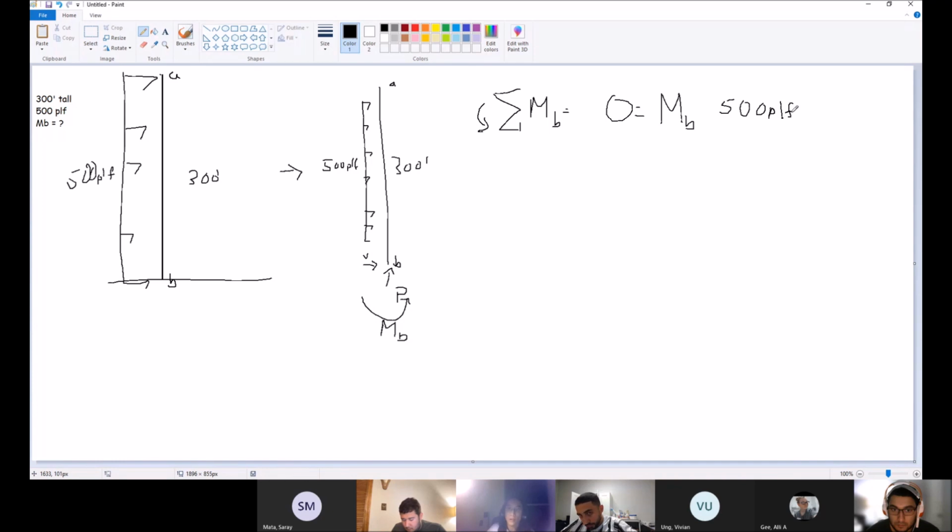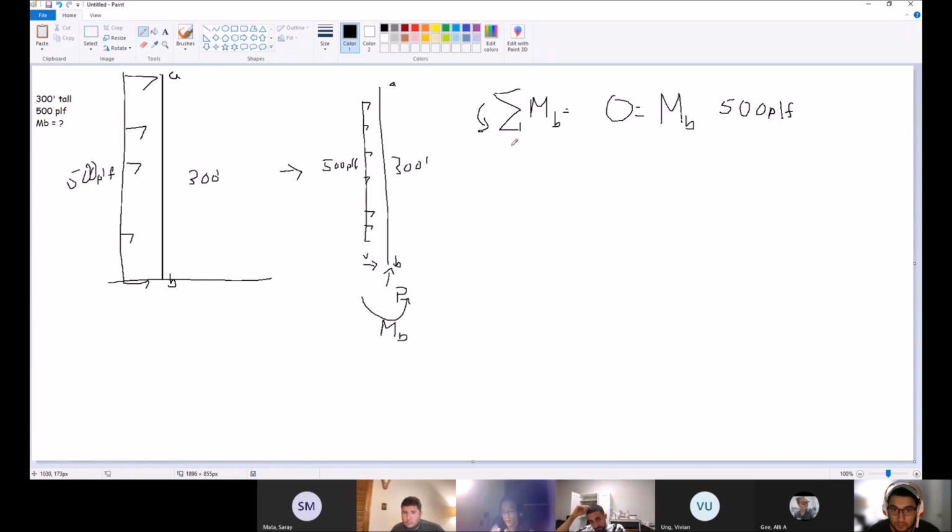Now, this is a linear load, but we need a moment, which is a force and a distance. This is a force divided by a distance. So let's first get it to a force by multiplying it by distance.